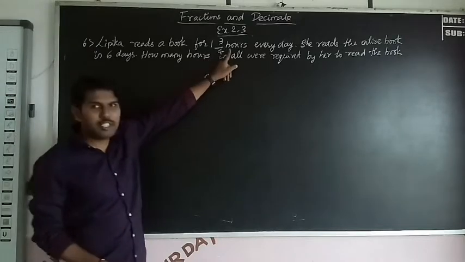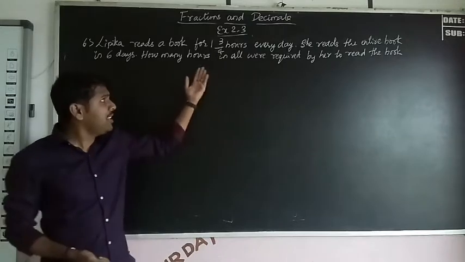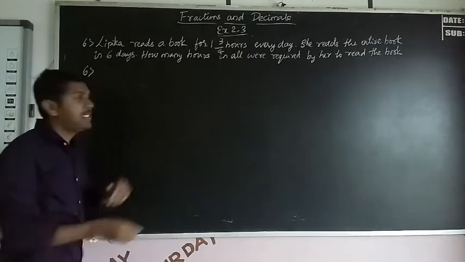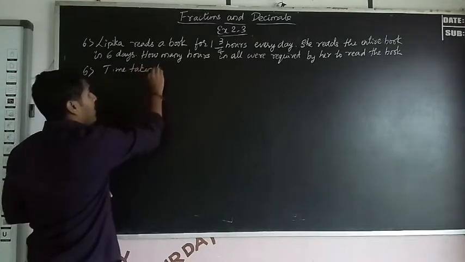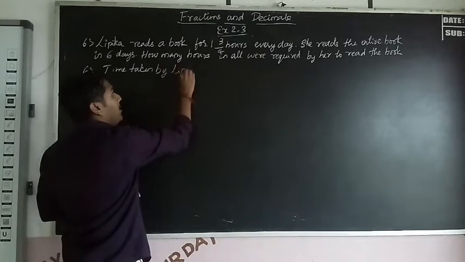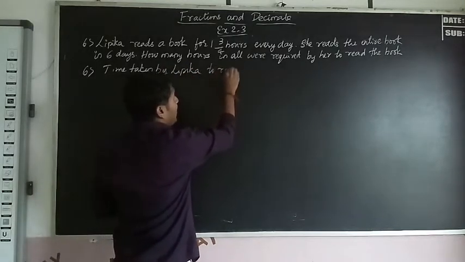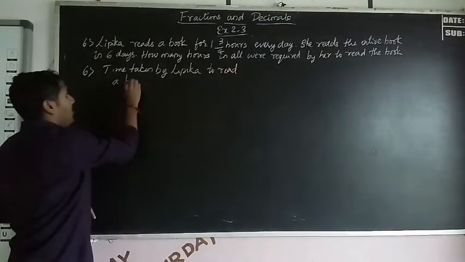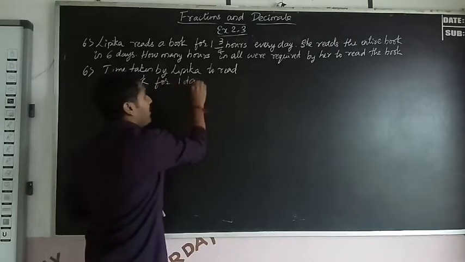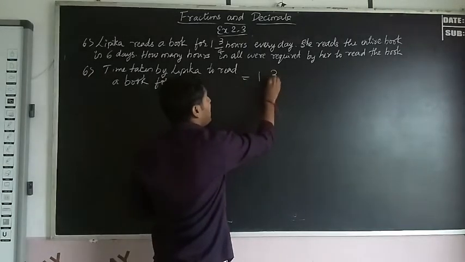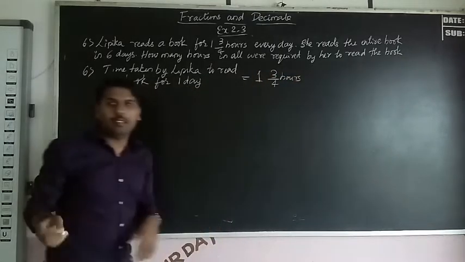For one day this much. For 6 days, 6 into one integer 3 by 4 hours. So you will get the total hours. So first, time taken by Lipika to read a book for one day equals one integer 3 by 4 hours.